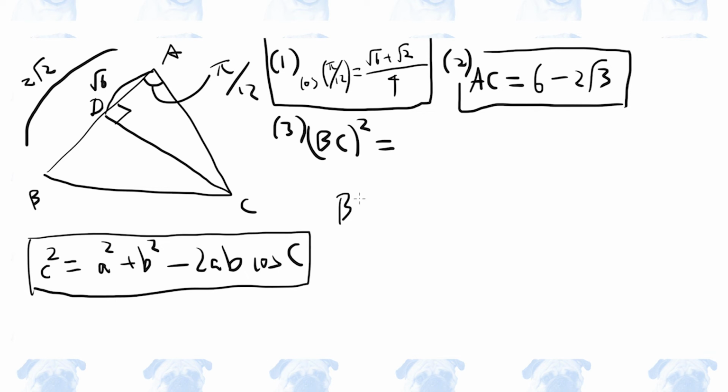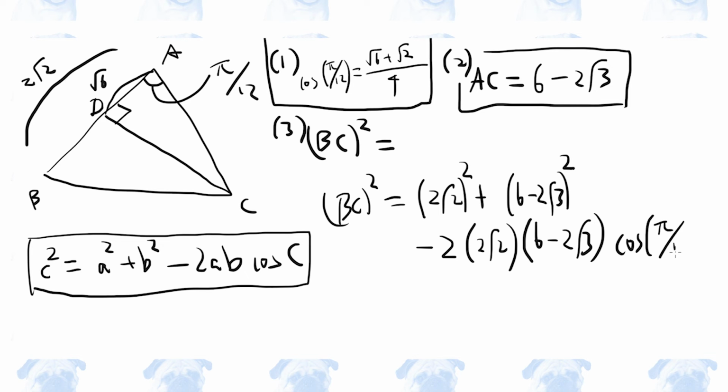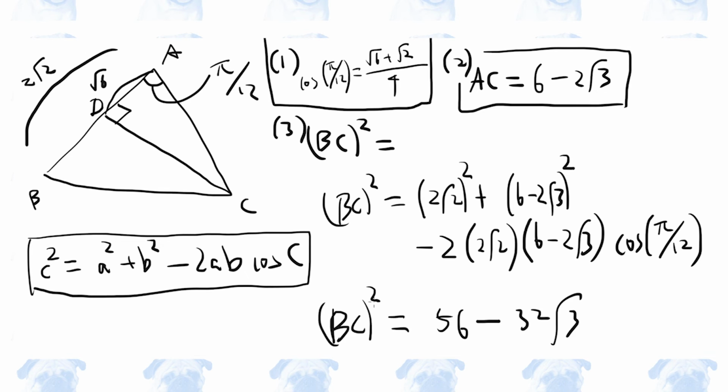So BC squared is AB squared plus AC squared minus 2 times AB times AC times cosine pi over 12. Again, this is going to be a tedious calculation, so I'll skip to the answer, and you can work out the intermediate steps. BC squared is 56 minus 32 root 3.